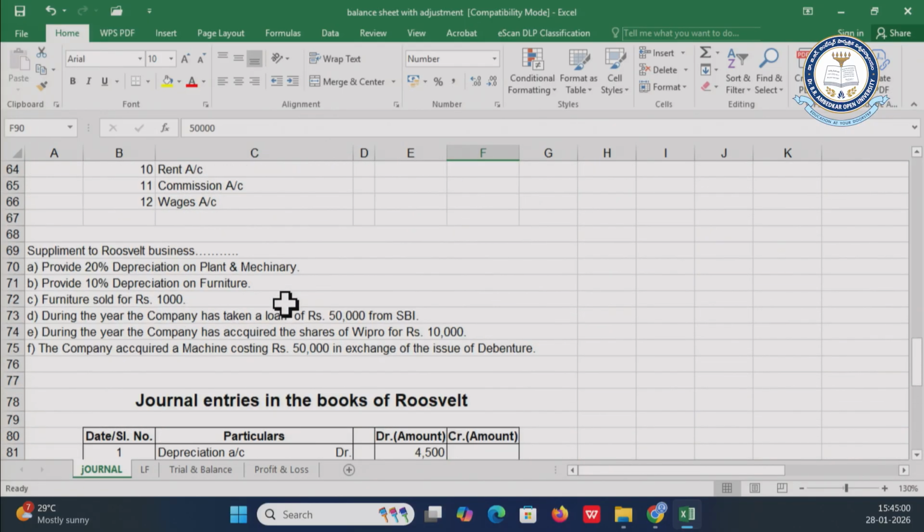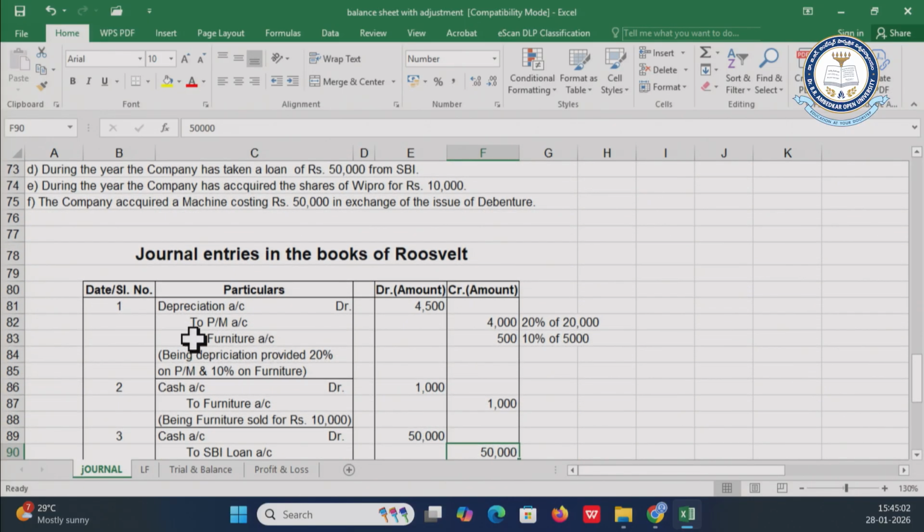Now look at the previous items also. Depreciation account debited, keep it blank here. To plant and machinery 4,000, which we have calculated, 20% of 20,000, which is 4,000. To furniture 500, that is 10% of 5,000, which is 500. So the total amount of 4,000 plus 500 is 4,500.